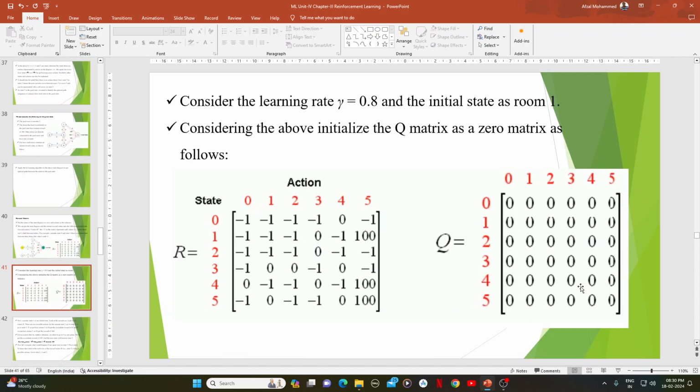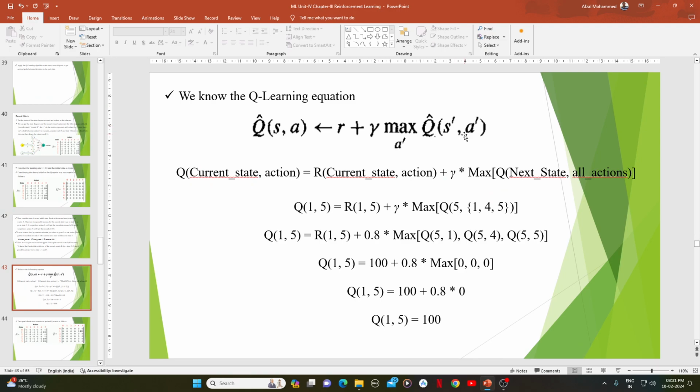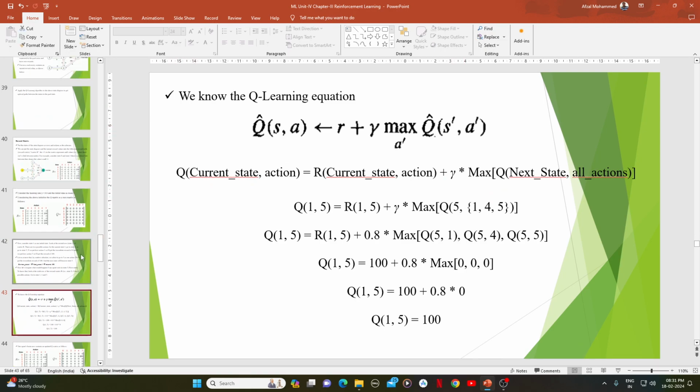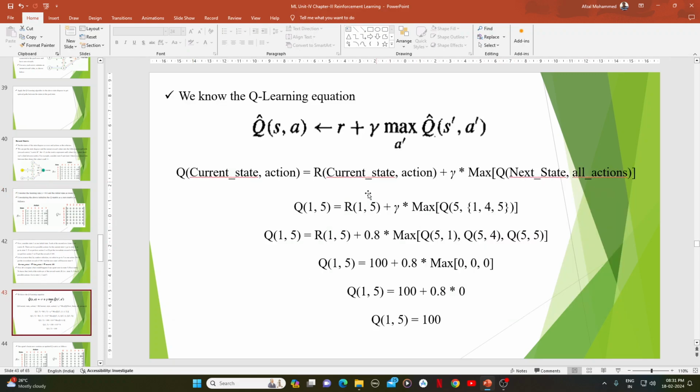Hopefully it is clear. And using that type of reward matrix, we will calculate the Q matrix, using that Q formula only. Apply this particular formula and calculate the Q values for all the possible states here. Here they have given the explanation.